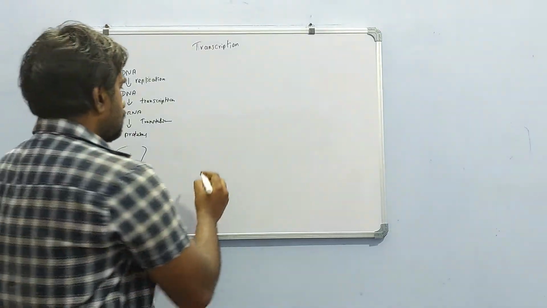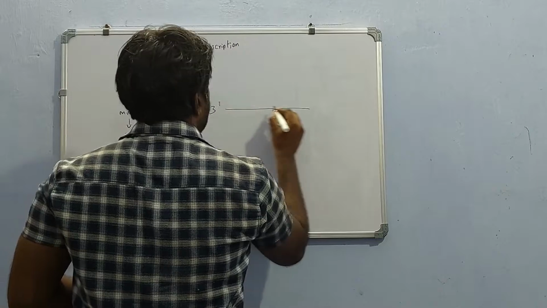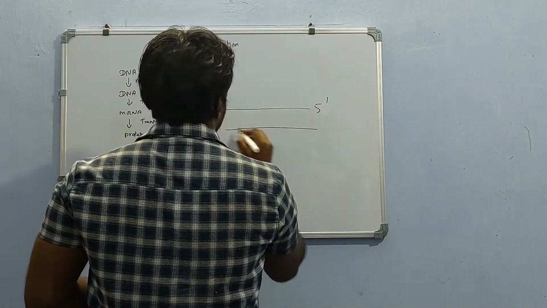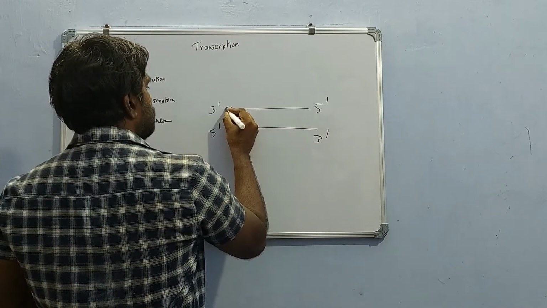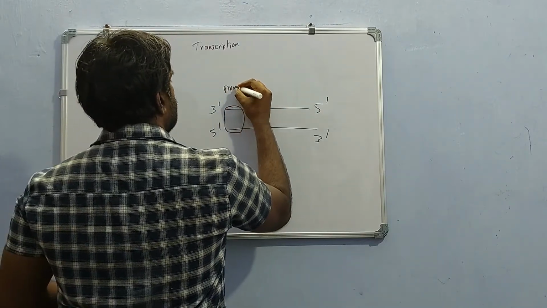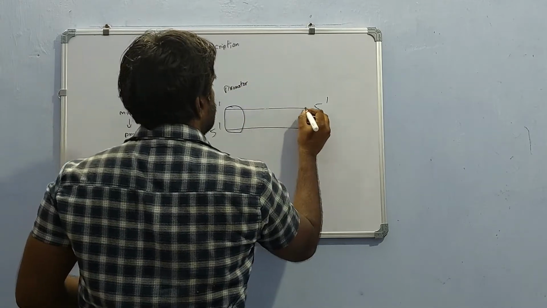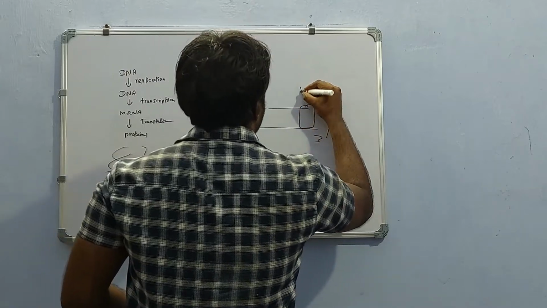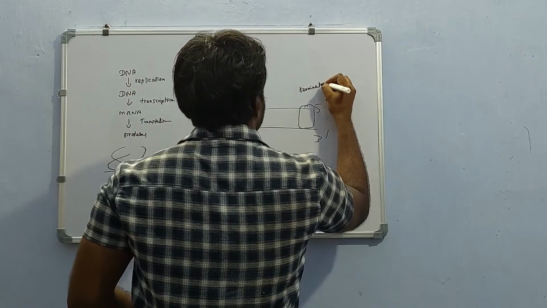So, take this: 3', 5', and 5', 3'. It has a promoter in the 3' region. This is the promoter, and it has a terminator at the end.